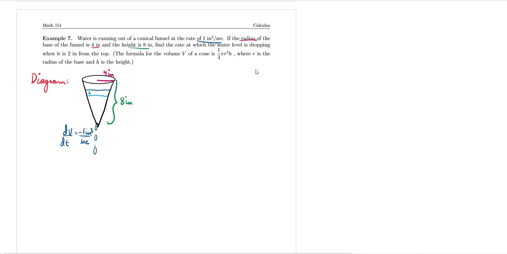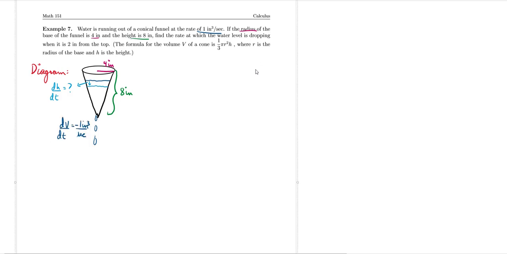So notice here that the height of the water is changing. So basically we want to figure out how the height of the water is changing. Okay, so here is our diagram. I'm just going to move this a little bit more to the side. There we go. So we can clearly see the inches cubed here.